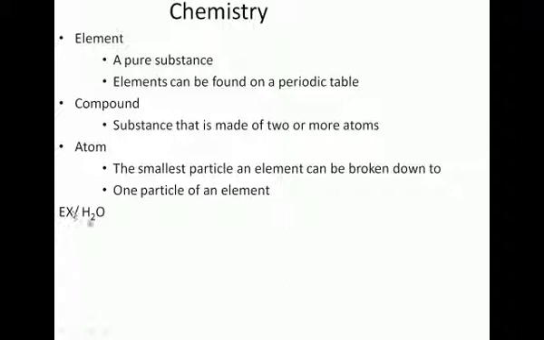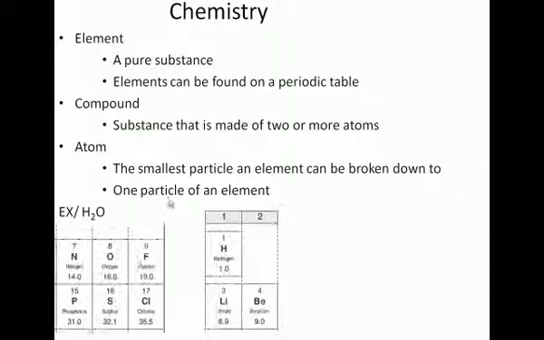So here's our example, H2O. We can find H2O on our periodic table. Here is H, or in other words, hydrogen. Here is O, in other words, oxygen. Now, H2O is more commonly known as water, and it looks kind of like this.